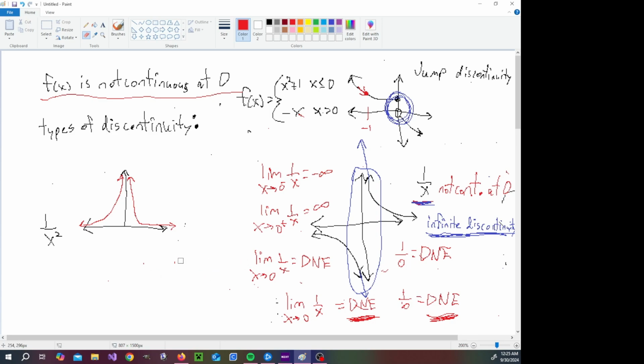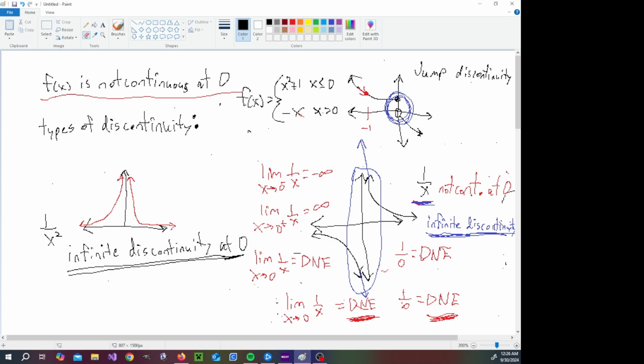Though that limit at 0 looks a little bit different, and the function looks, well, I guess a lot different. This is also infinite discontinuity. And really we mean at 0, right?